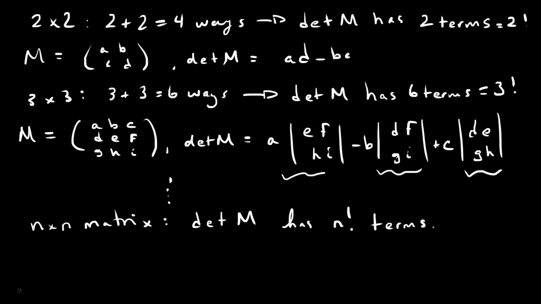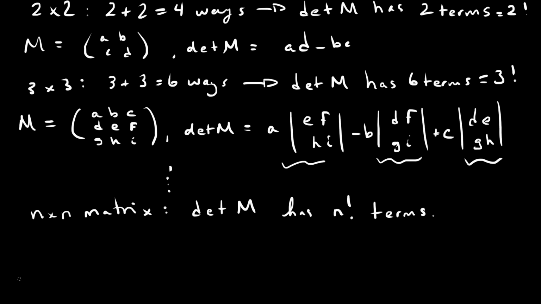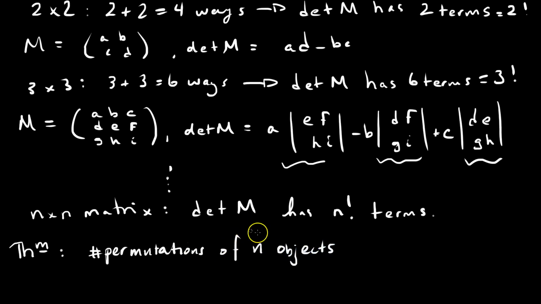Okay? And then, going a step even further, a result from probability theory, you don't have to know this, I'll just give it to you right now, this is a theorem: the number of permutations of n objects equals n factorial.